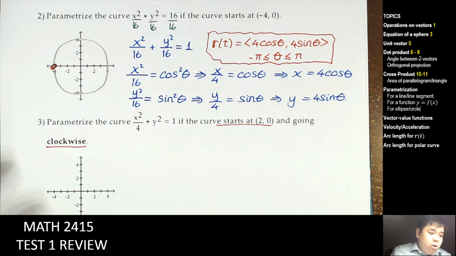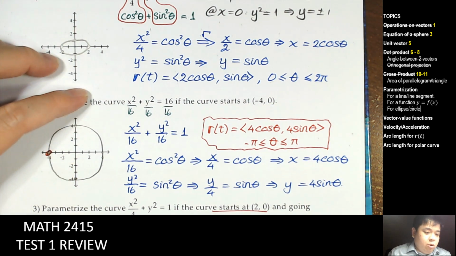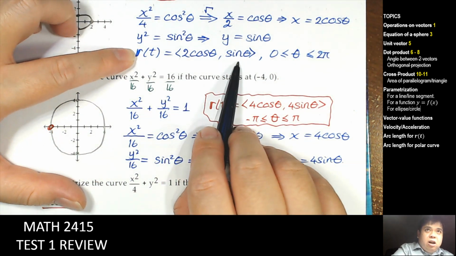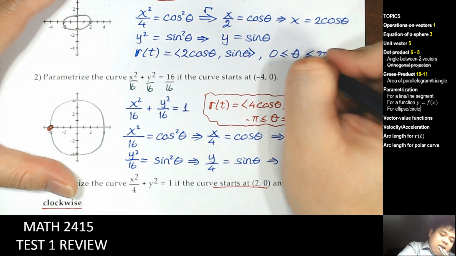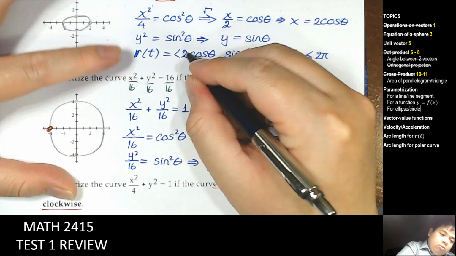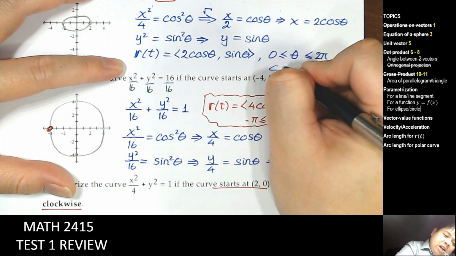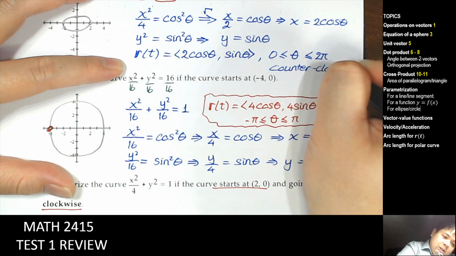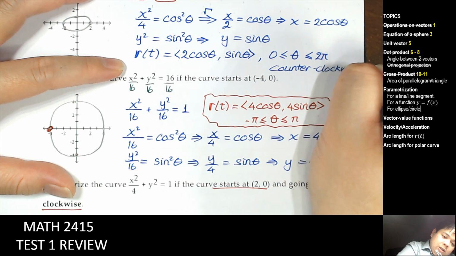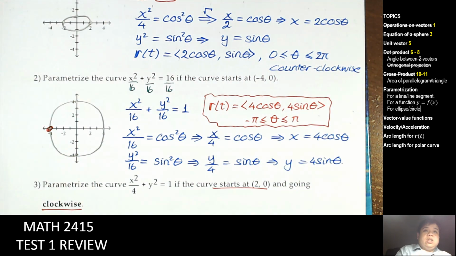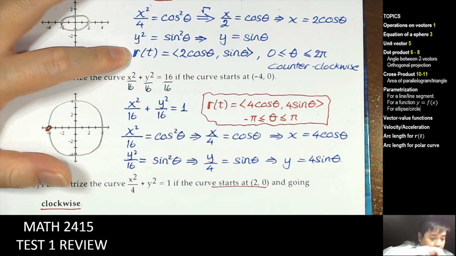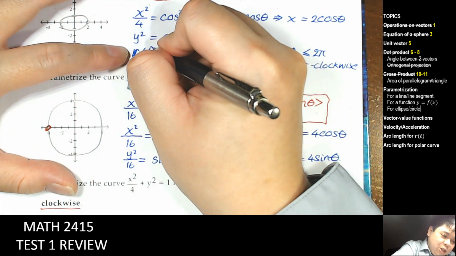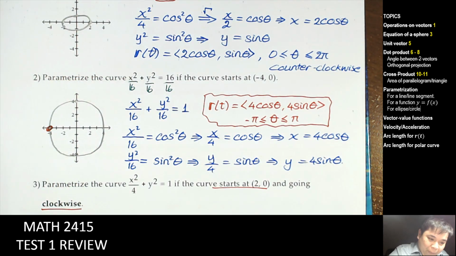Right. So recall that from the first example we have 2 cosine and sine. In this normal orientation, that is counterclockwise by default. Now we want clockwise, which is the opposite direction. So what we do is, I don't know why I write t here where it should be theta, sorry.